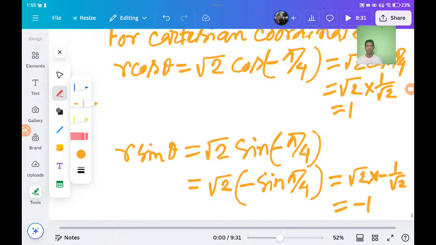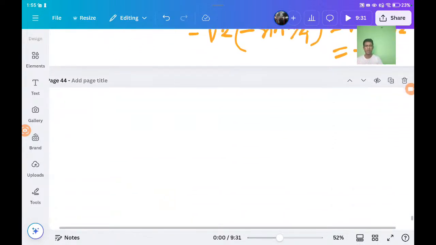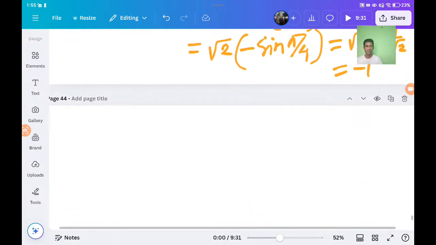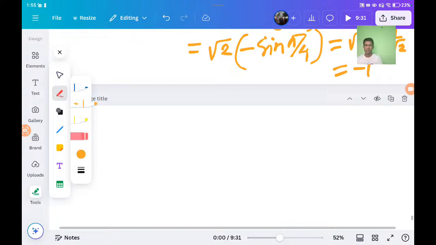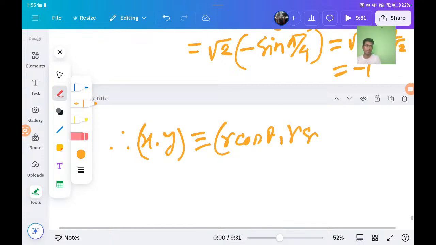So x, y equivalent to r cos theta, r sin theta equals 1, minus 1.